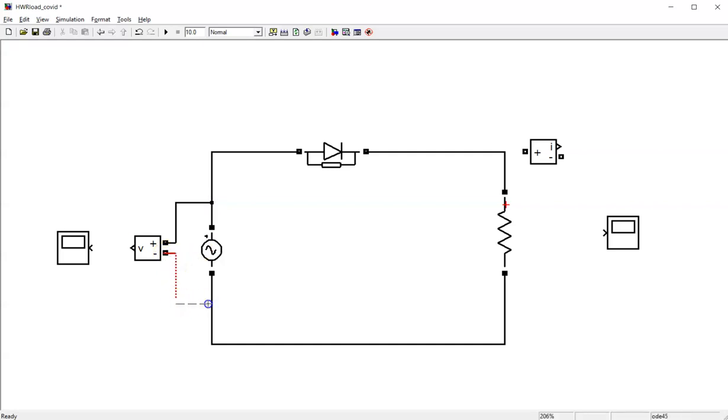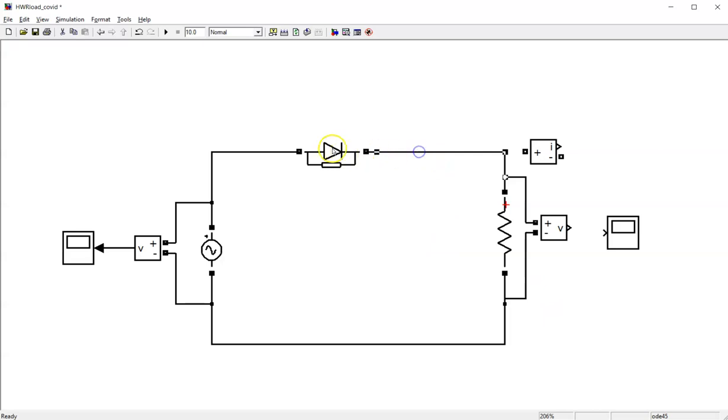Measure here. Just copy it to measure your output voltage. You can put it here as well.